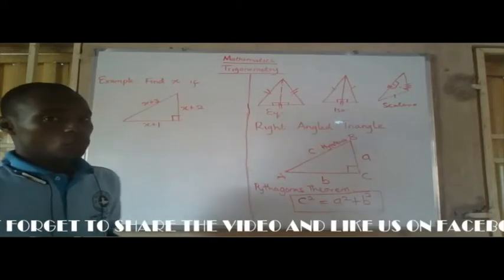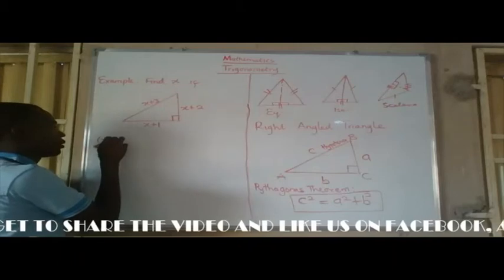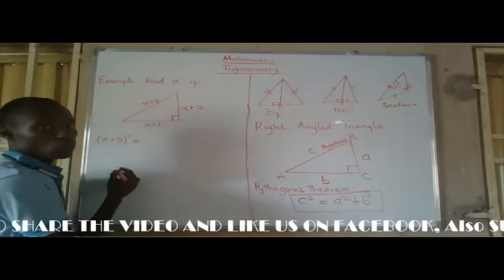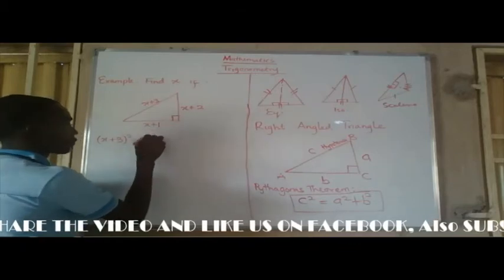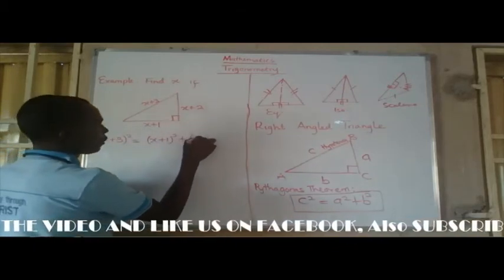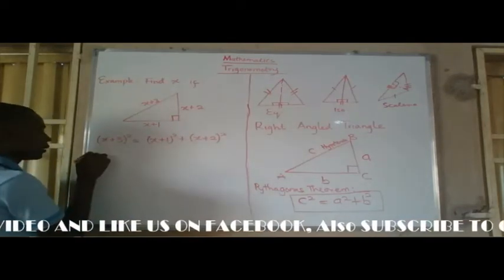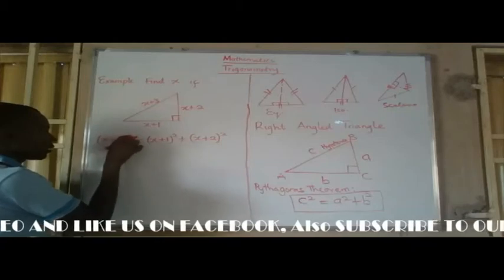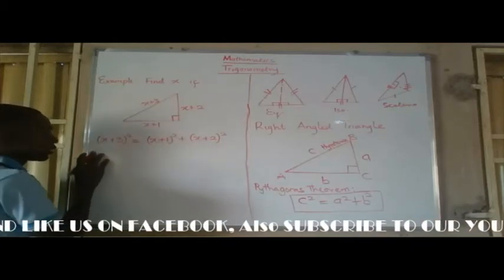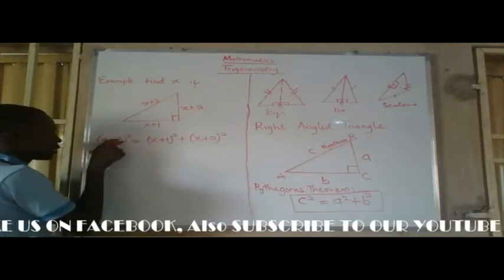Okay, so if we proceed by that, (x plus 3) squared is actually going to be equal to what? (x plus 1) squared plus (x plus 2) squared. Let's expand this. Take this first one, multiply everything in this bracket. So x times x is x squared. x times 3 is 3x.